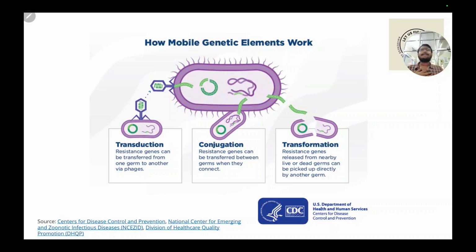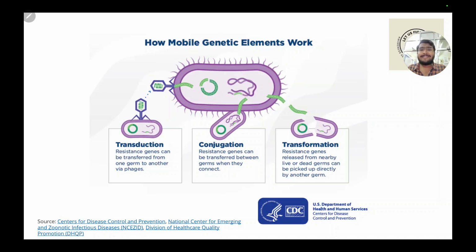So now as they start leaking out their genetic material, I can pick up some fragments from outside, and I will hold it with me. So now if I pick up the genes for resistance from their genetic material, now I am transformed.